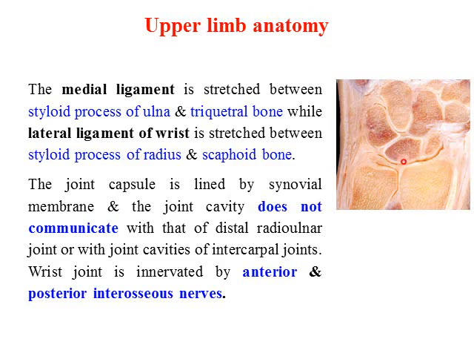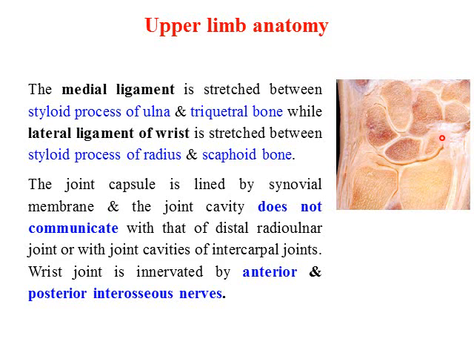The medial collateral ligament is stretched between the styloid process of ulna and the triquetral bone, while the lateral collateral ligament is stretched between the styloid process of radius and the scaphoid bone.